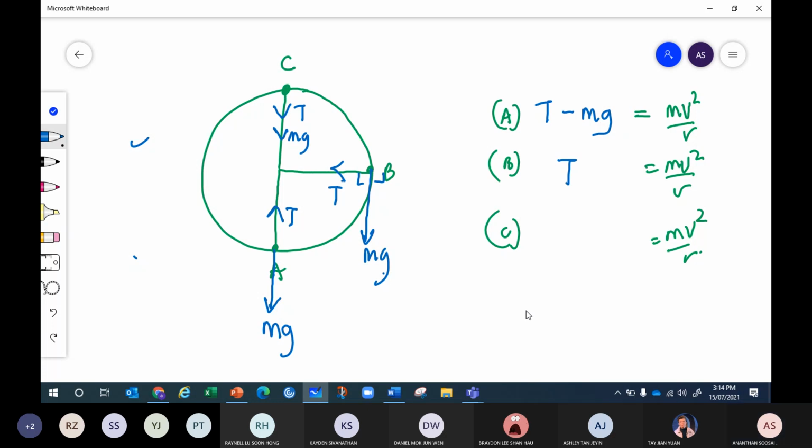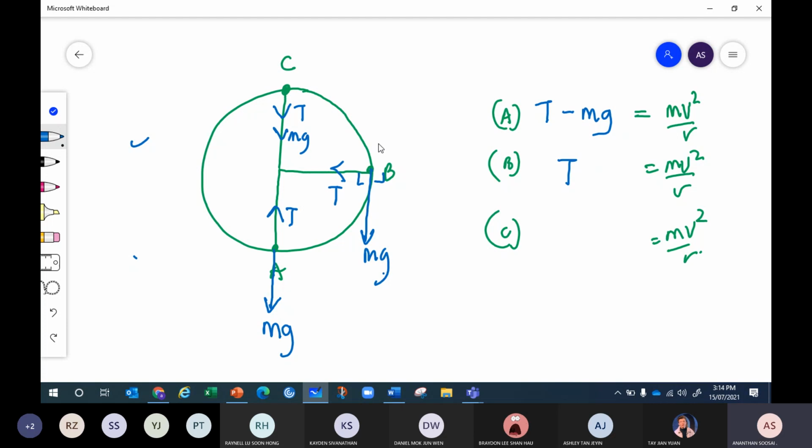Okay. C, what equals the centripetal force at C? Pranav, can you hear me? Oh, silent.